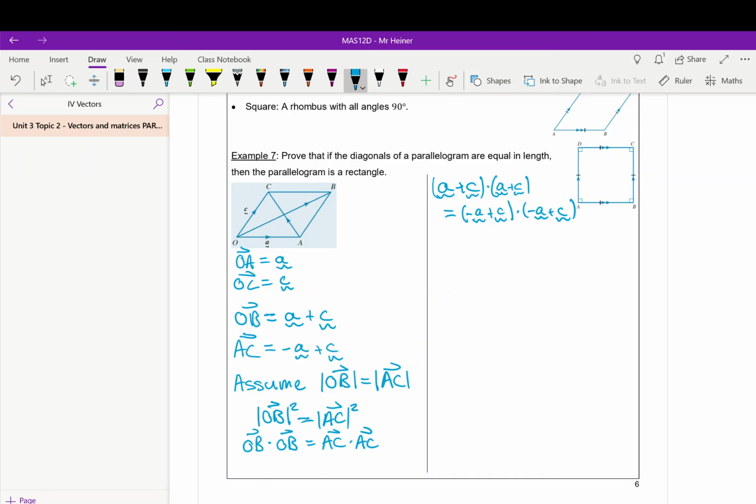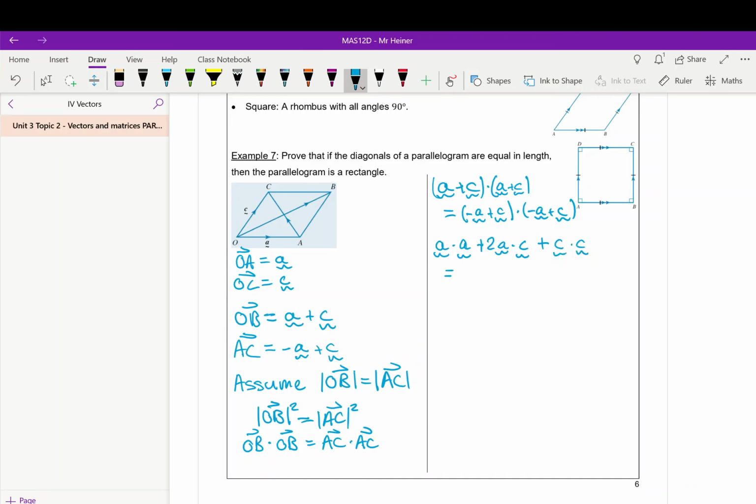So if we then distribute these, what do we get? Well, we get a dot a, we get two lots of a dot c. This is just binomial expansion. And then c dot c.